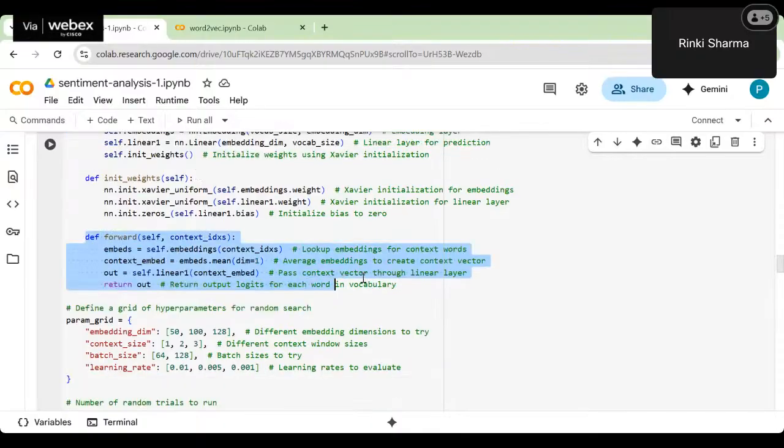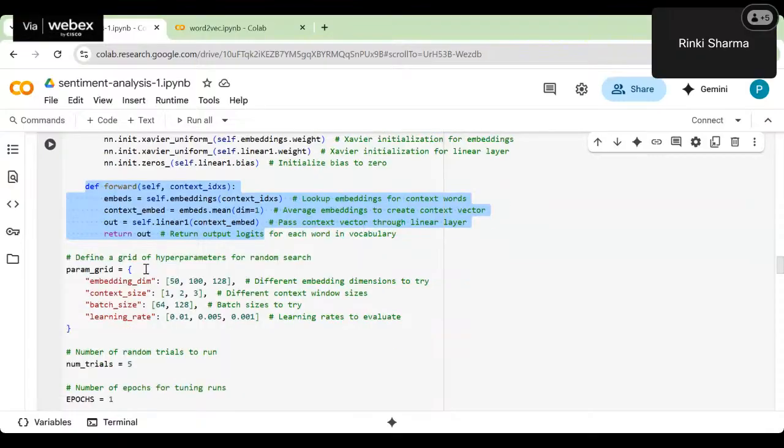For hyperparameter tuning, we are considering 4 hyperparameters: the embedding dimension, the context size, the batch size, and the learning rate. We are using the grid search method. In that method, we provide some choices to our model, and our model cross-checks over all these choices and evaluates the model performance.